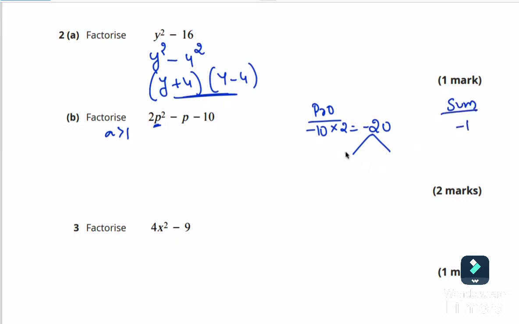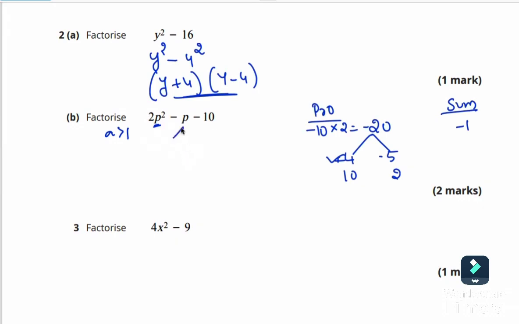So the factors are 4 and 5, 10 and 2. So we go with this factor as this leads to, if we subtract 5 and 4, we will get minus 1. So minus and other sign should be positive. So here we found that the factors of minus 20 are positive 4 and negative 5, but we cannot write them in two brackets as we have done in the previous problems.